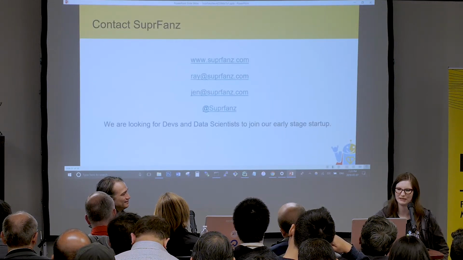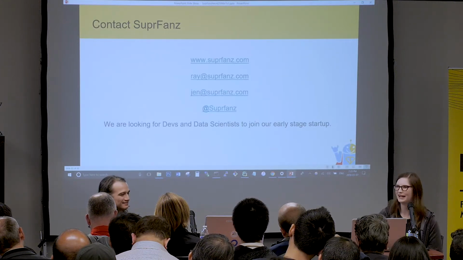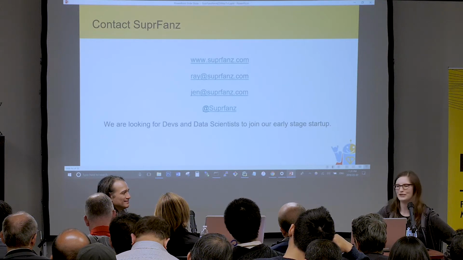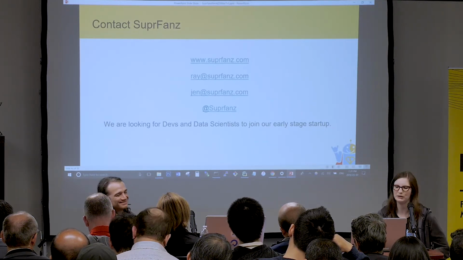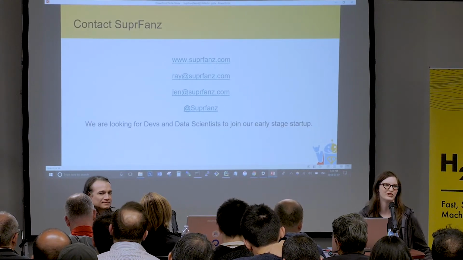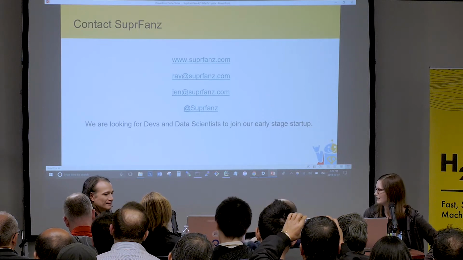We are looking for developers, data scientists, Python backend and front-end developers, and of course, if you're an investor, let's talk. Please feel free to contact us about that, or if you just have any questions or just want to talk about data science and D3.